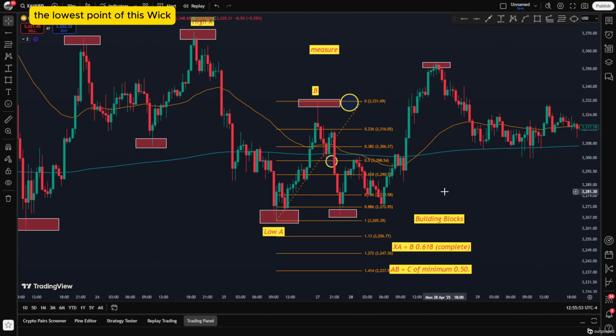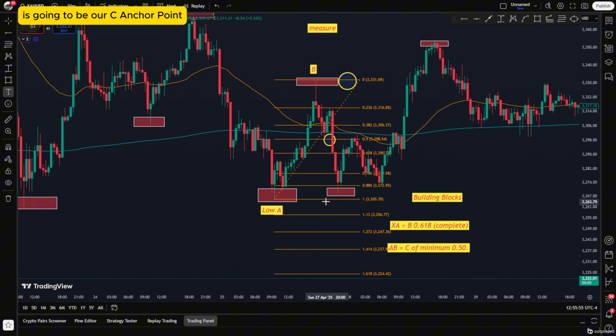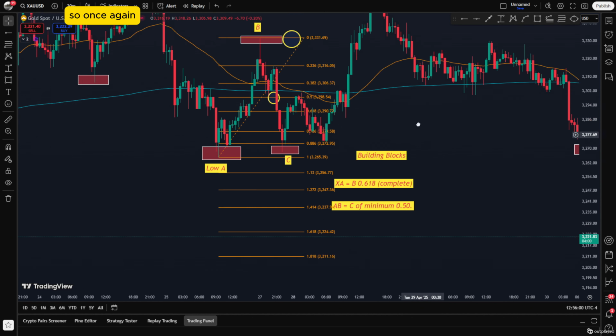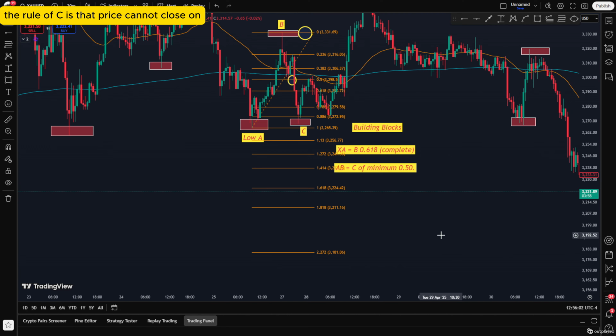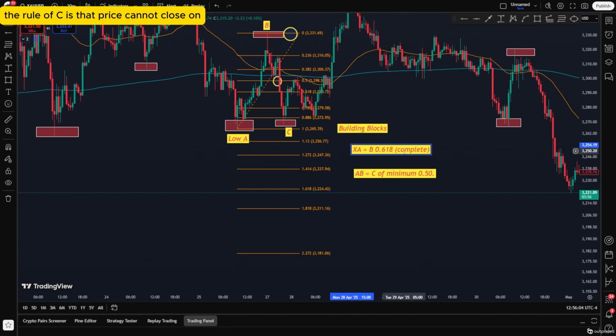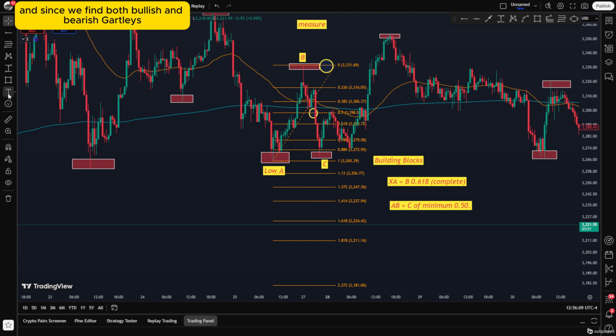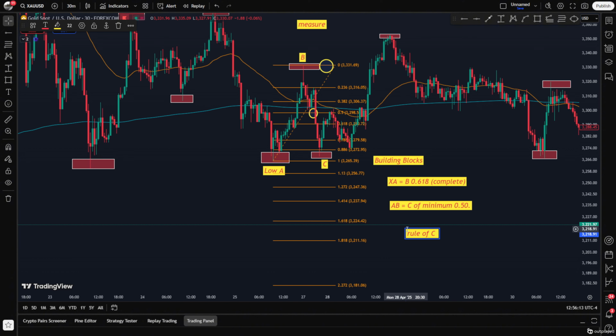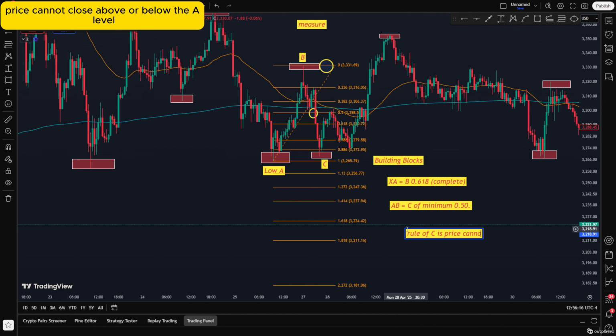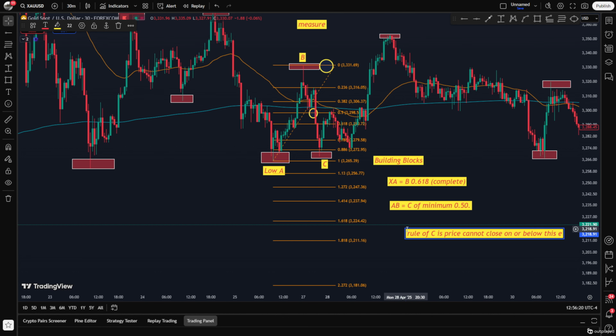The lowest point of this wick is going to be our C anchor point. So once again, the rule of C is that price cannot close on, and since we find both bullish and bearish Gartleys, price cannot close above or below the A level.